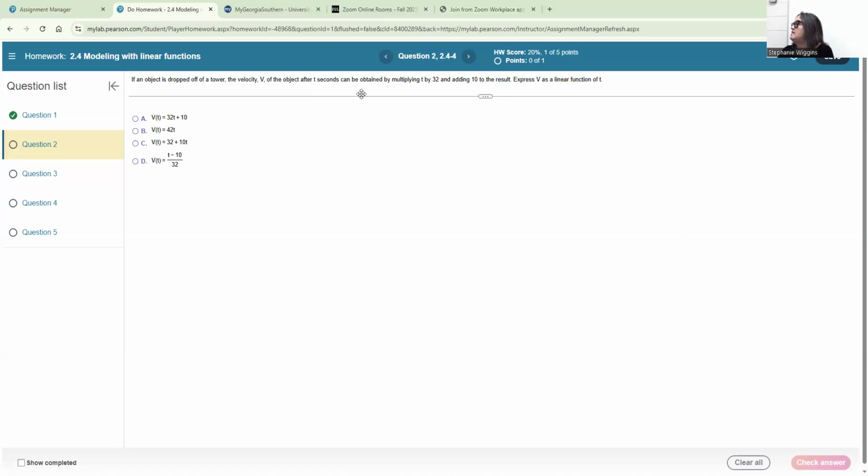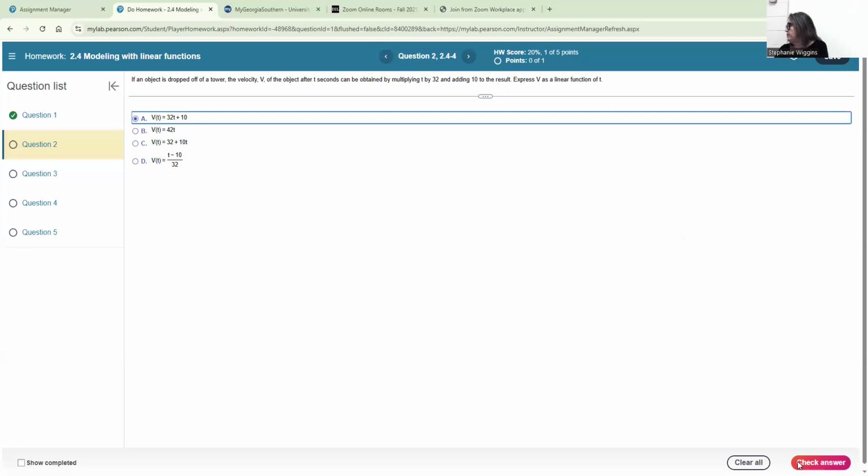And it says that it can be obtained by multiplying T by 32 and adding 10 to the result. And we're expressing V as a linear function of T. So V depends on T. So you take T, multiply it by 32 and add 10. And you can see the top equation is the description that we're looking for.